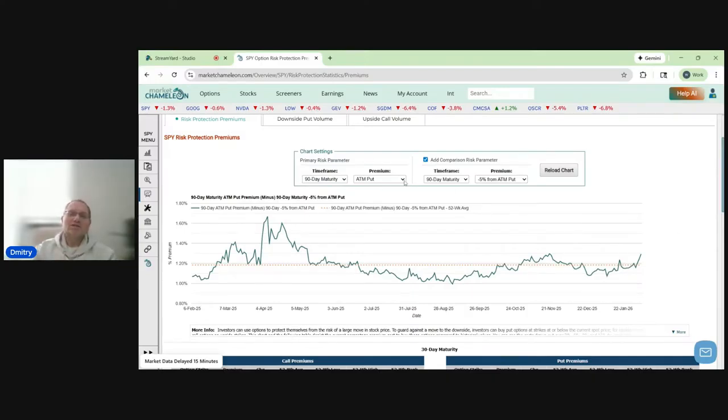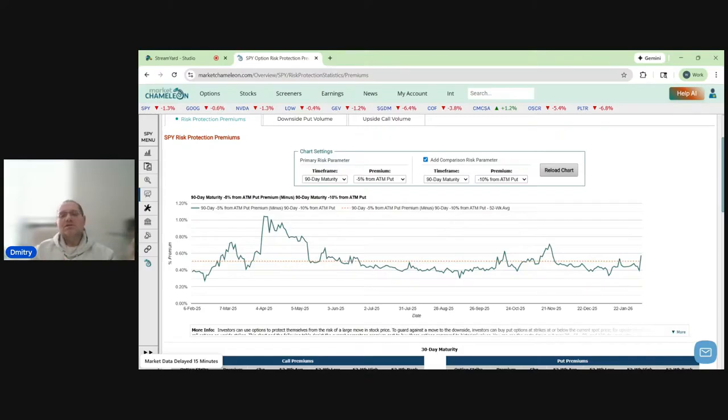What if we were looking at something that's, let's do 5% and 10% away. So these are out of the money spreads. You don't have to use at the monies, you could do an out of the money put spread, so 5% away minus the 10% away. The 10% away would be cheaper than the 5% because it's further away. So let's do that.